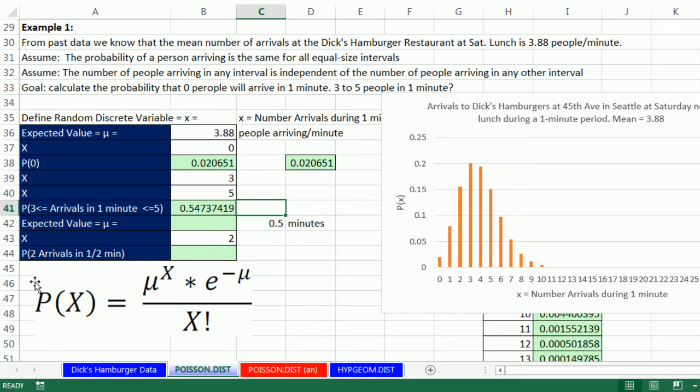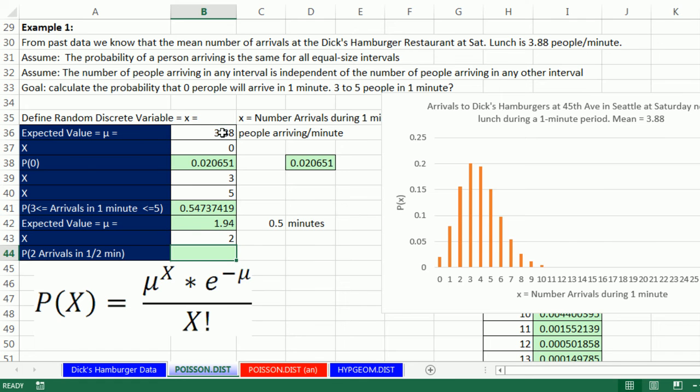Now, our next example, we want to calculate the probability that 2 people will arrive in a half a minute. Yeah, a half a minute. We were given number of people arriving within 1 minute, but it's no problem. How many half a minutes are there in 1 minute? 2. So we take our mean and divide it by 2. We have to do that before we can calculate this.